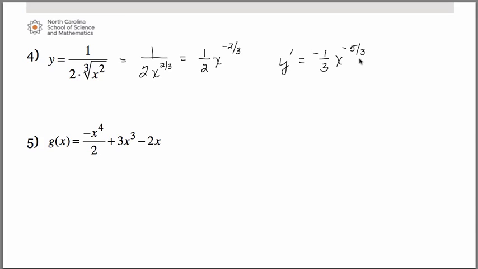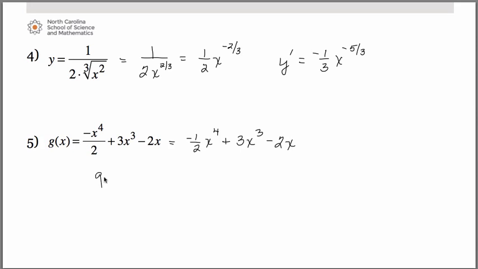Now in the next one, we might want to rewrite the first term. We could rewrite that as a coefficient of 1/2 and x to the 4th. Now, as you get better at doing these, you very well might find you don't feel it necessary to rewrite some of these. You can just do that in your head, and that's perfectly fine. But starting out, it might help you visually to just rewrite them.